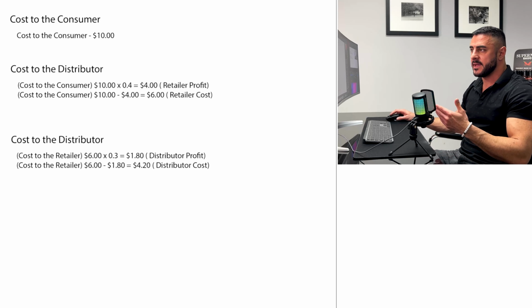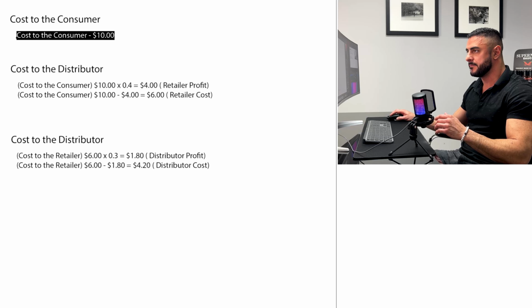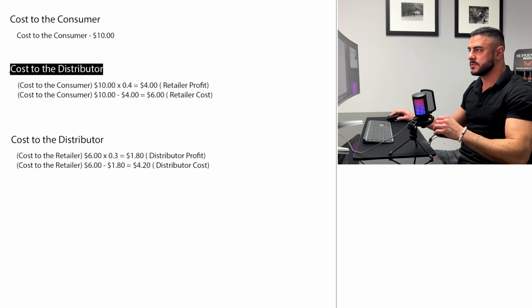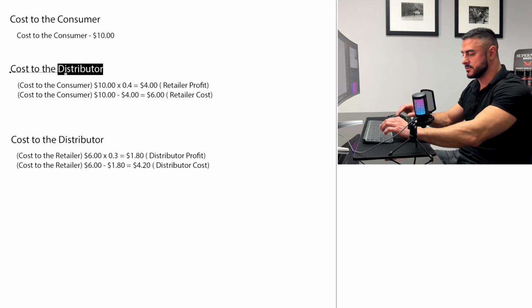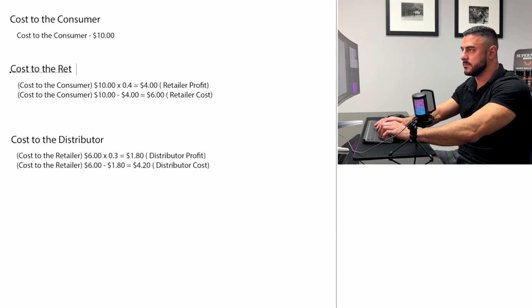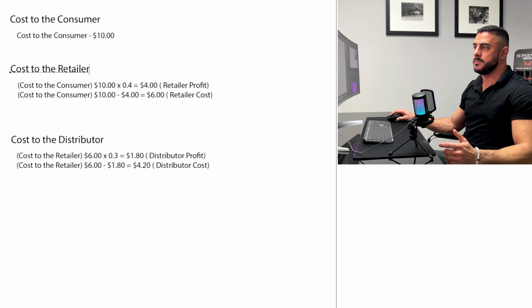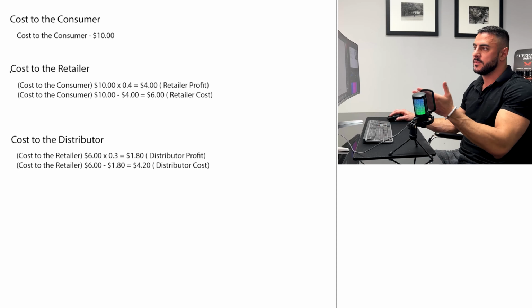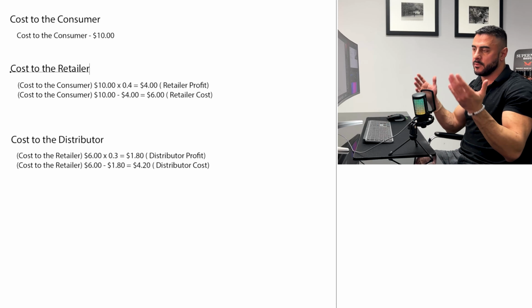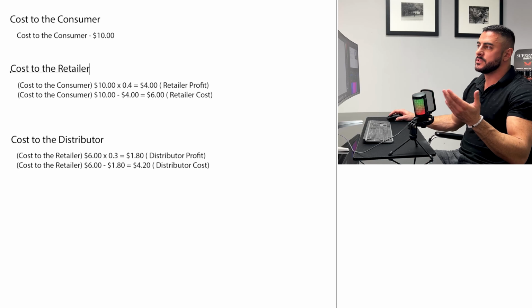So downstream from that, we figured out our cost to the retailer. Now, this says cost to the distributor, but this is cost to retailer. So we figured out our cost to the retailer, and that was based on our cost to the consumer. So we took our $10 originally that we figured we're going to sell our product for, and we said that the retailer is going to require a 40% margin.